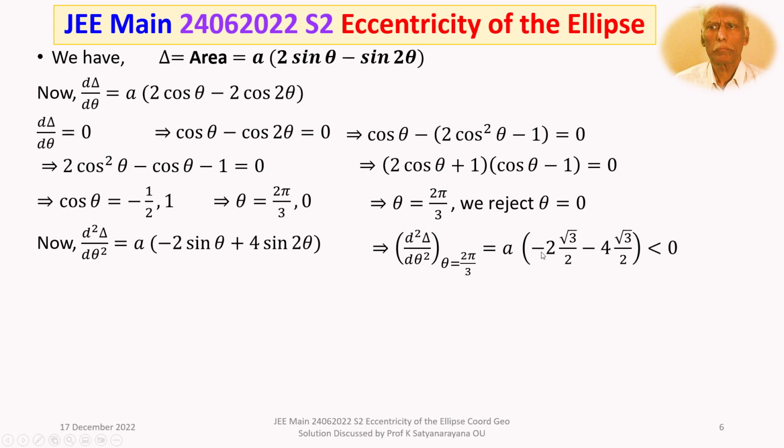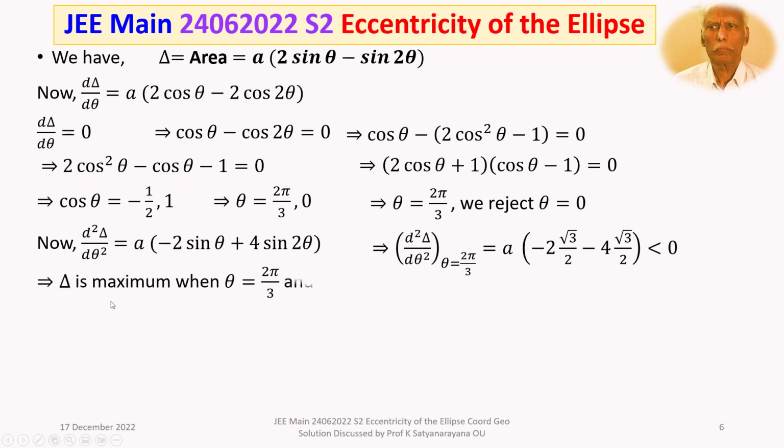The values are: sin of 2π/3 is √3/2, and sin of 4π/3 is minus √3/2, 4 times of it. So on the whole it is negative.